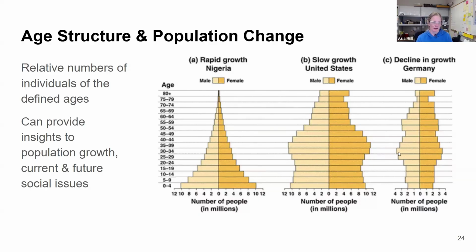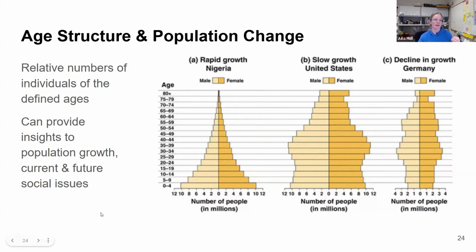So we see, again, a lot of these young adults, but fewer kids, relatively speaking. And so we can use that to make predictions about how the population is going to be in 20, 30, 100 years from now if those population changes, our r value, continue the way they are. We're going to see a lot more people in Nigeria than we are going to see in Germany.